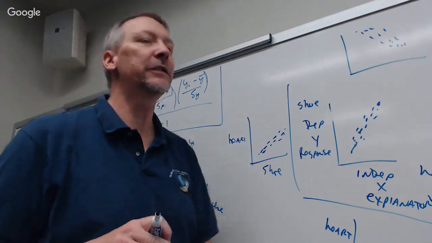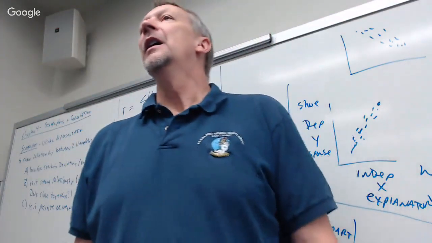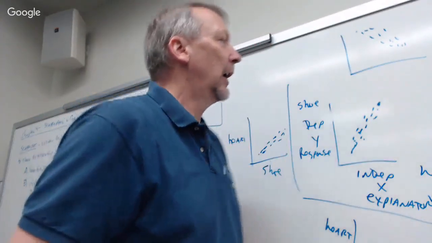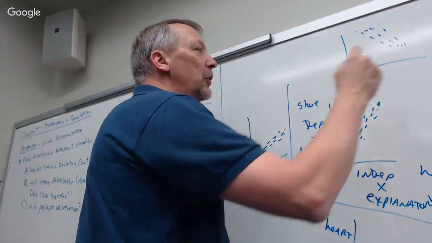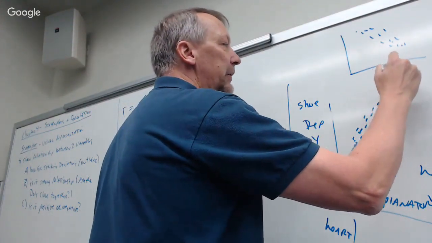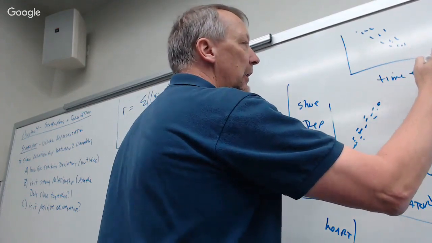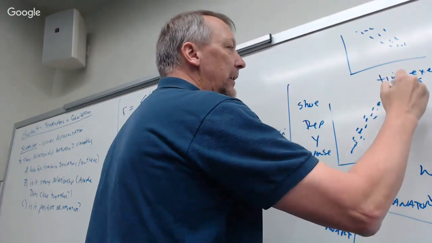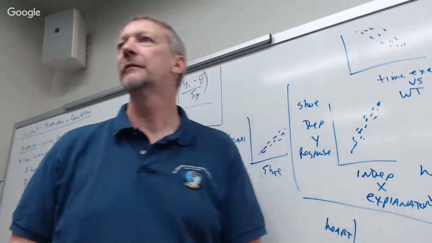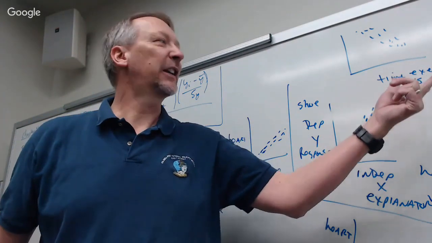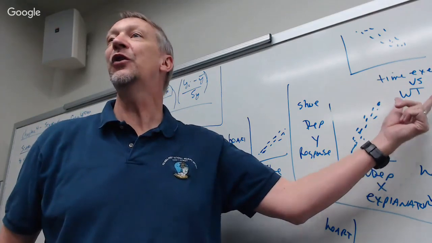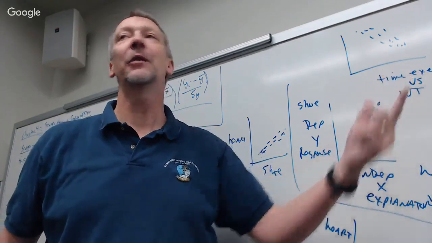Okay, let me give you another example. If we were going to do a scatter plot where we wanted to do your time spent exercising versus your weight. Would the time spent exercising explain your weight, or would your weight explain the time you spent exercising?